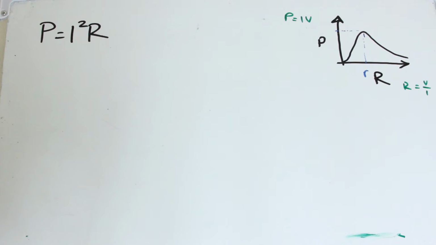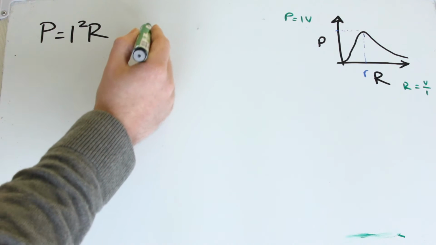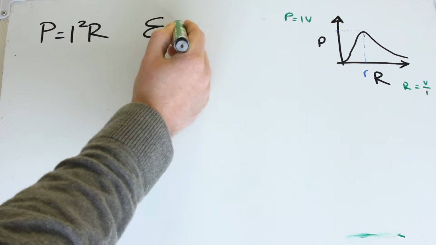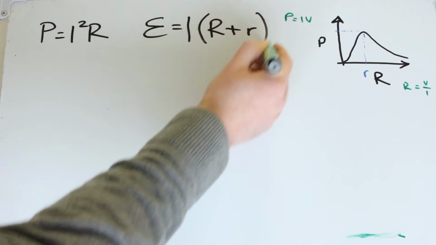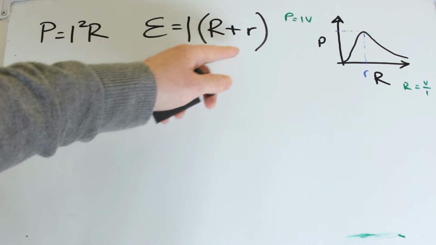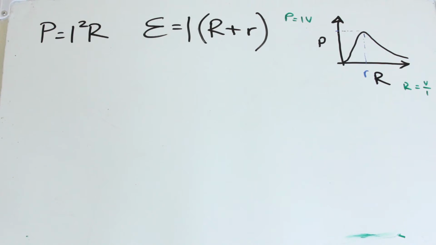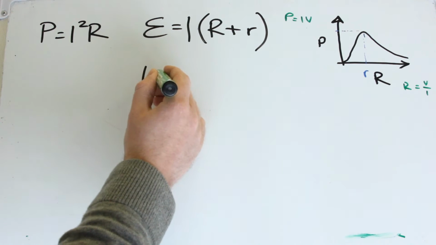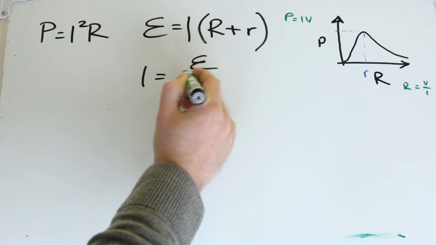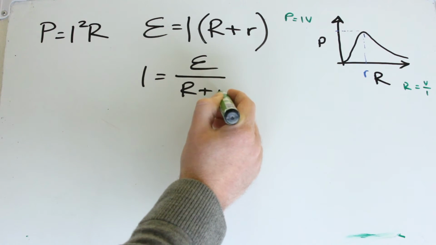So now the next thing to do is the definition of an EMF. An EMF is the current multiplied by the total resistance in the circuit, in other words, the load resistance plus the internal resistance. And from this, we can derive another equation which will relate power to the two resistances. So if I rearrange this for I, I get EMF over R plus r.